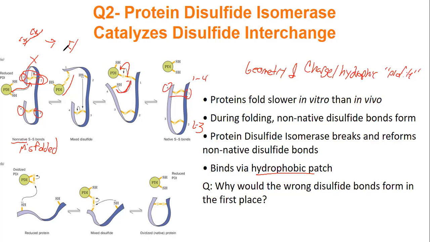And once it binds that, it is so specialized that it has all the amino acids it needs arranged to break a disulfide and reform it correctly. Again, the protein doesn't know it's doing that. It is simply doing chemistry based on the geometry of all the amino acids, the geometry in both PDI and its target, and also because of charge and hydrophobic interactions.